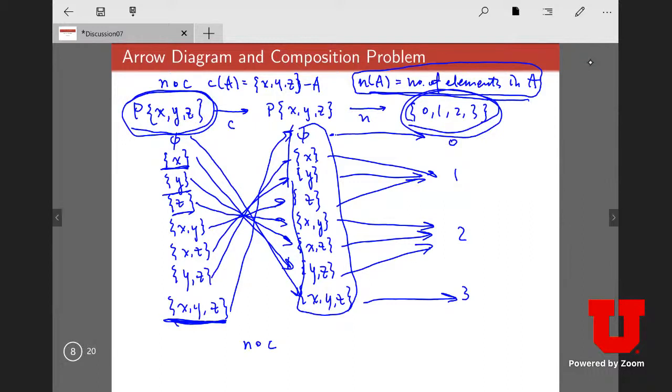So basically we connect the two arrows to find one arrow. For example, the empty set goes to the last one, to 3. So in the new arrow graph, the empty set directly goes to 3 for the composite function.